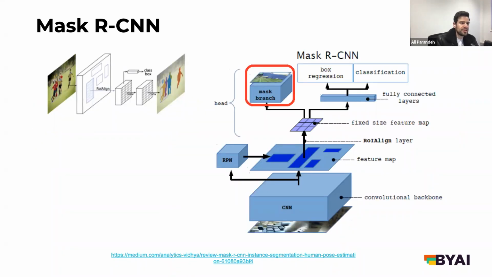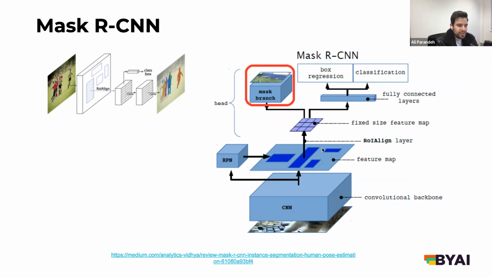The main changes in the architecture of RCNNs are in the head of the RCNN. You still have the RPN and the CNN, the convolutional neural network. The image goes through the convolutional backbone and gets feature extracted, and then the feature map goes through the RPN, or region proposal network.